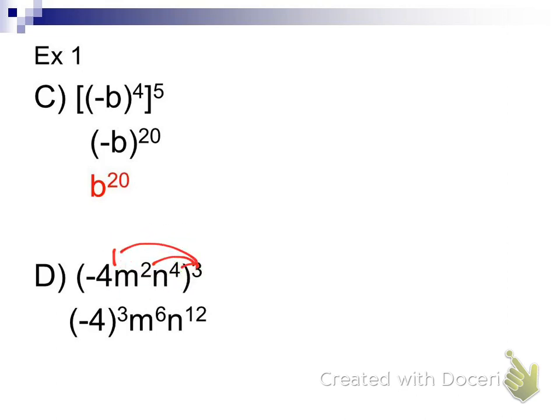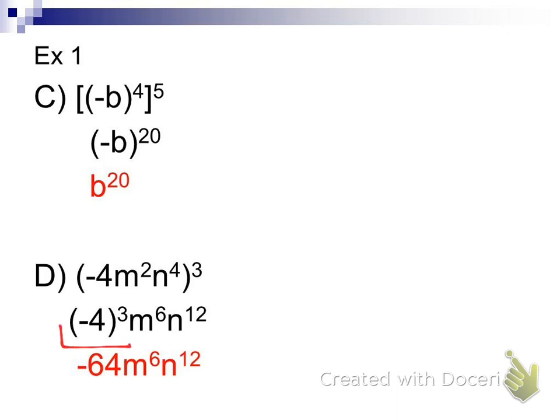Or you could write this out, negative 4m squared n to the fourth, 3 times and then simplify it. Or you can go straight to the next line. It's a lot of different ways to think about the same problem. Now, if you have something like negative 4 to the third, that's something we know the answer to, right? You could type that into your calculator.